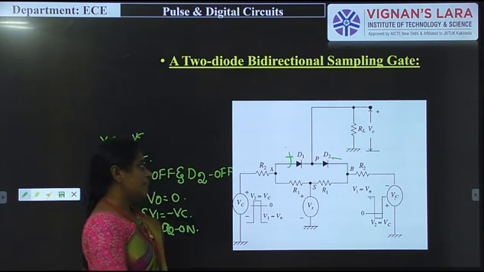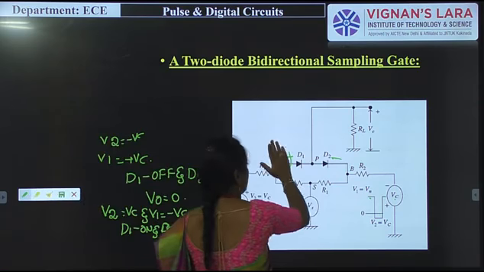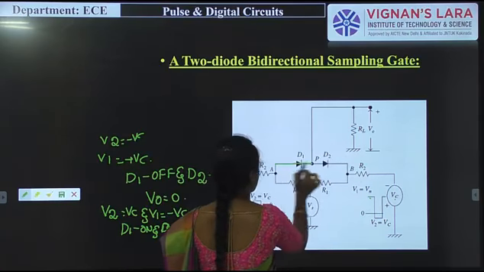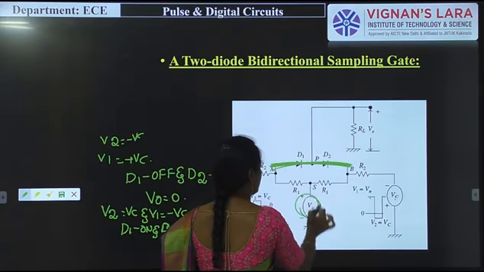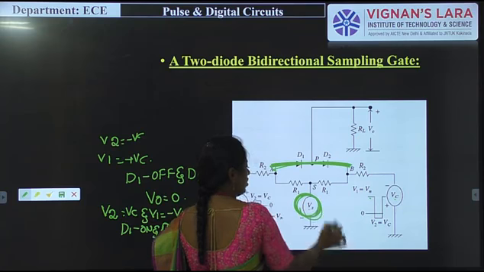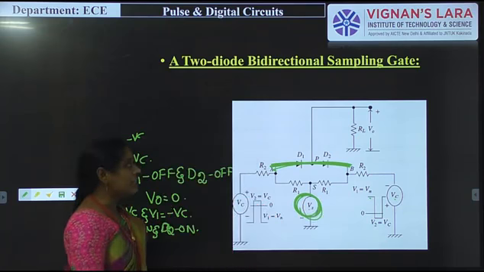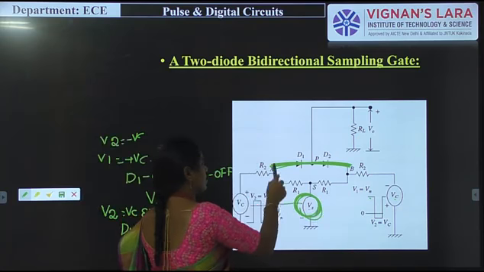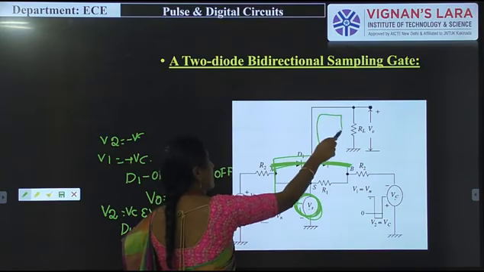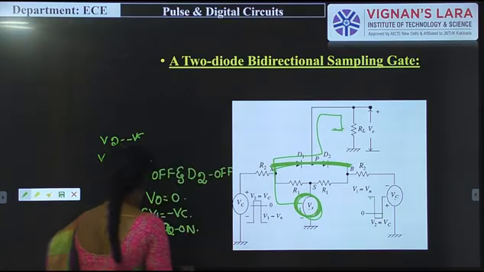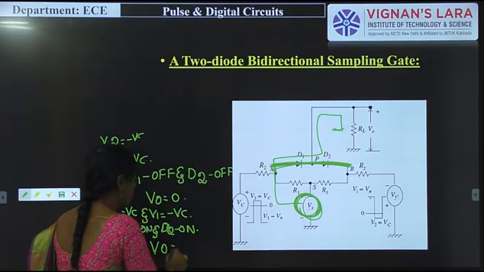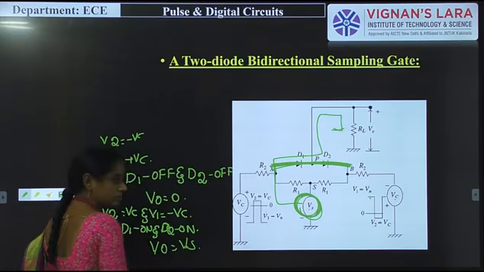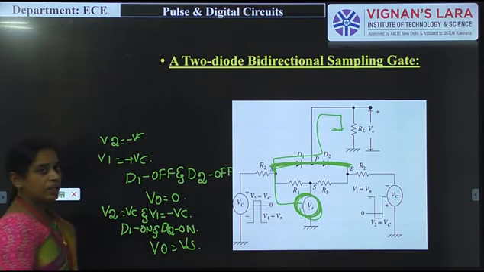So during this time the circuit can be replaced with a short switch, a single line. Whatever the input signal Vs is, it passes through and reaches the output side, that is V0 is equal to Vs without any phase shift. There is no chance of any phase shift.